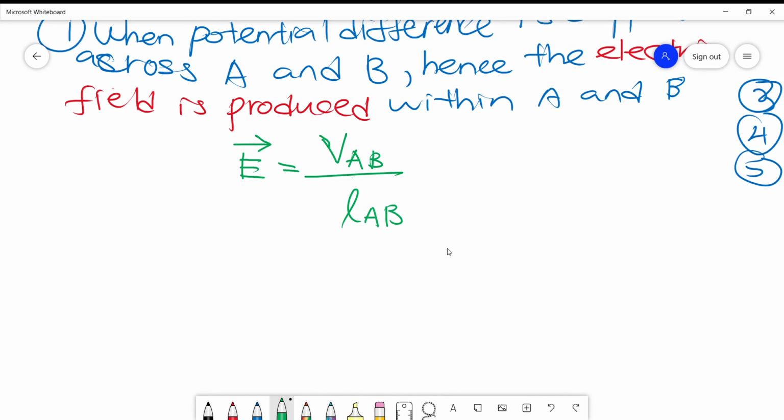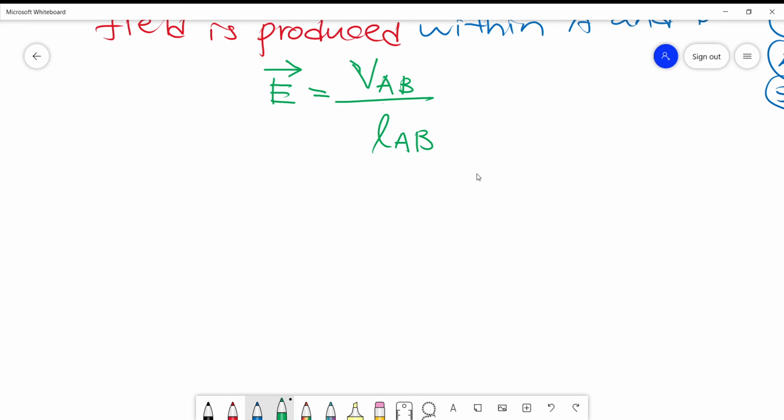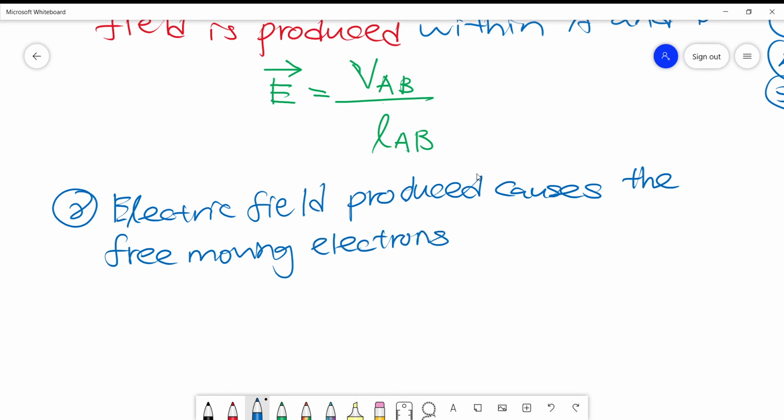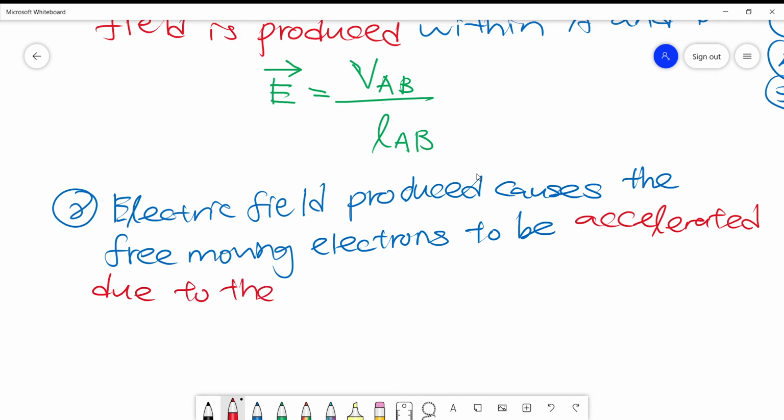Okay, so electric field. For the second statement, the electric field produced causes the free moving electrons to be accelerated due to the electric force.